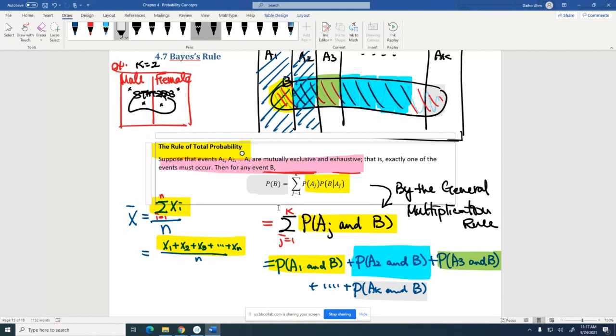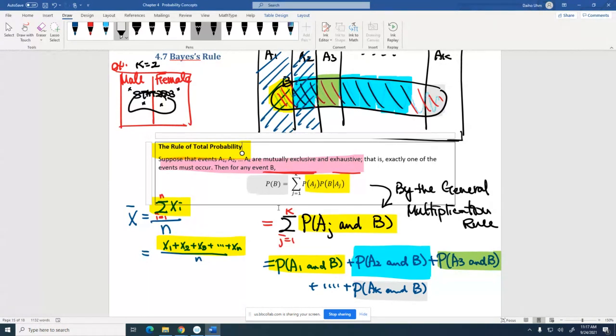So this is the rule of the total probability. Of whom? Of B. Piece by piece, A1 and B, A2 and B, A3 and B, piece by piece, the total probability will be the probability of B. Yeah, it is the rule of the total probability.